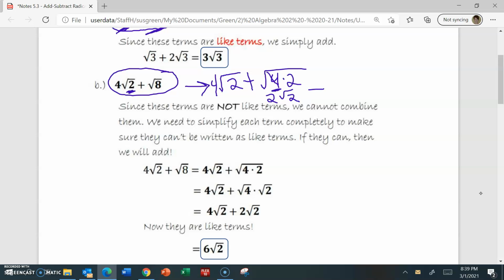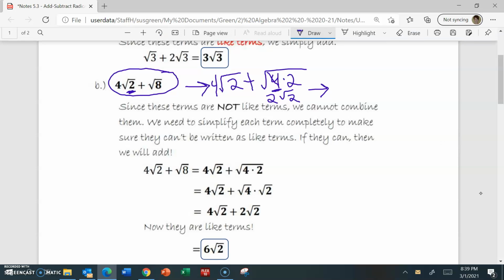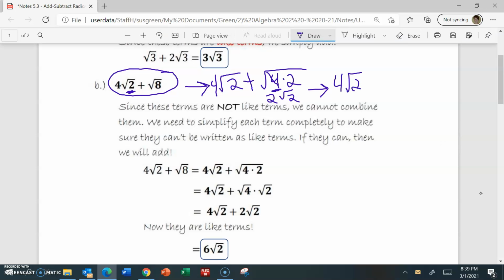So in reality, this problem is really just 4 radical 2 plus 2 radical 2. Now the radicals are exactly the same, so you add these coefficients in front. And 4 plus 2 is 6. We have like 6 radical 2's.